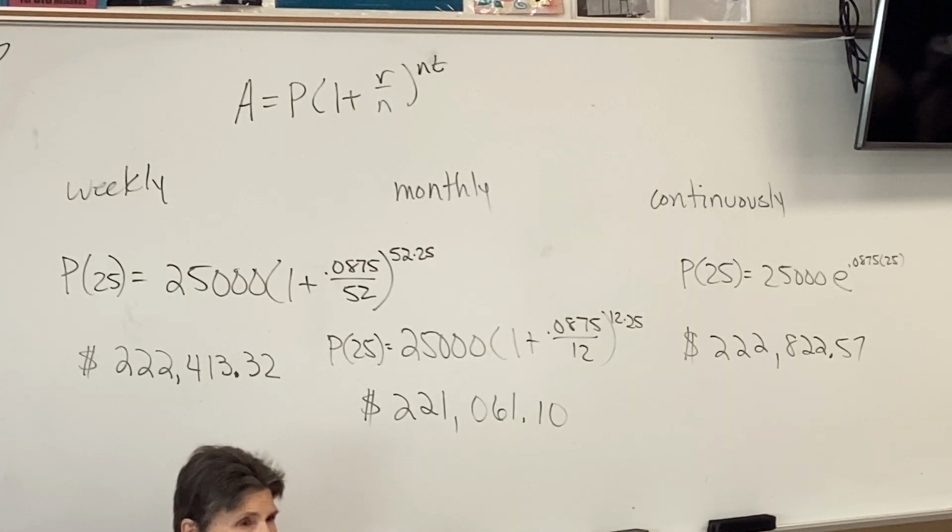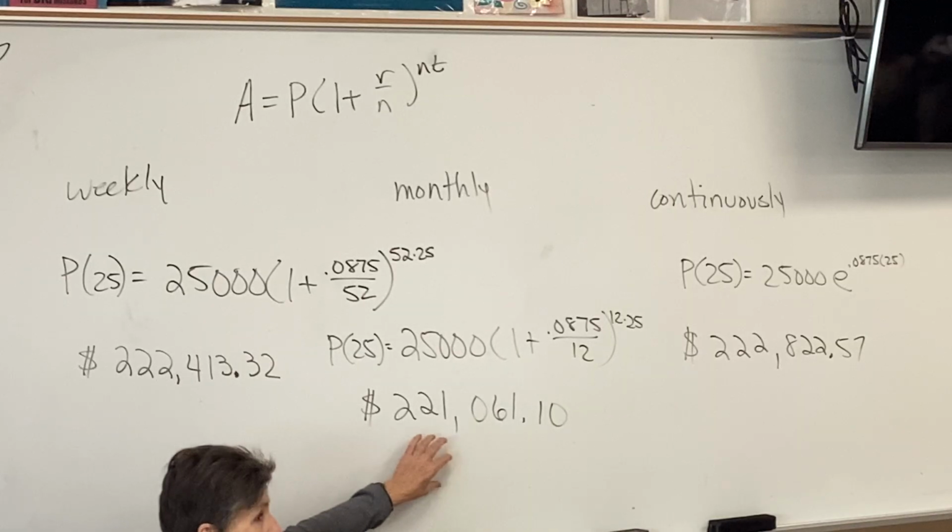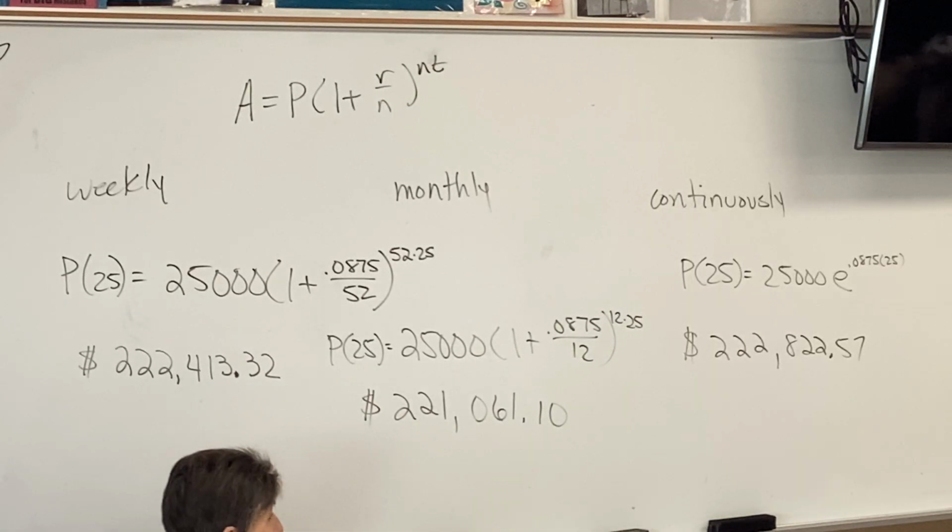Do they make sense? Because the more times you compound, the more money you're gonna make, right? And so monthly is gonna be the least in this scenario. And of course, continuously will be the most. All good? All right.